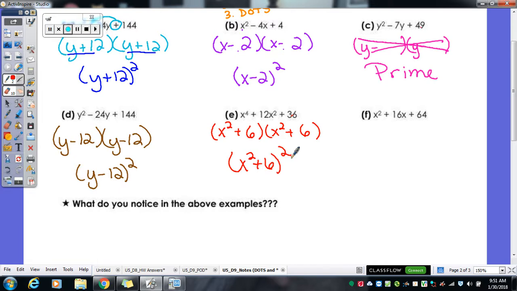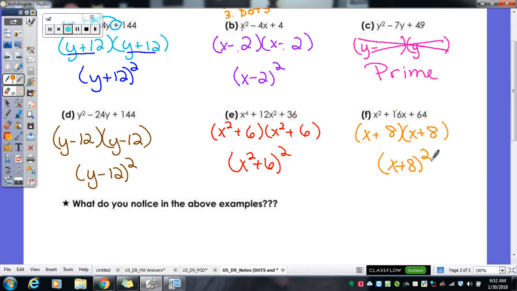So it's still x squared plus 6 squared. You got 2 of them there. And then F, trinomial again. Signs are going to be what? Same. Multiplies to 64, adds to 16. 8 and 8. So we got x plus 8 squared.